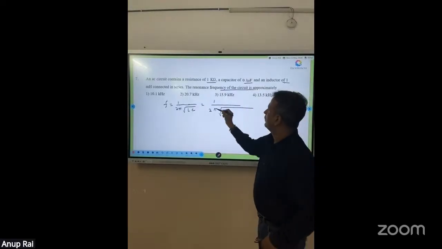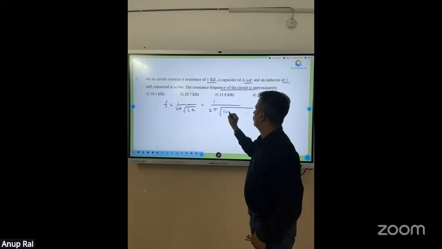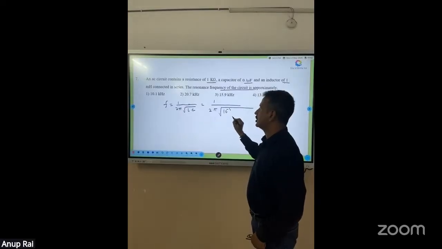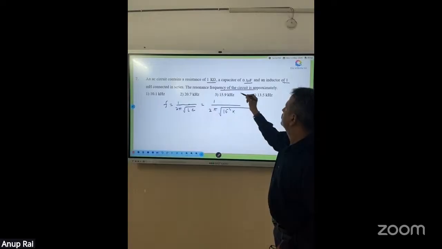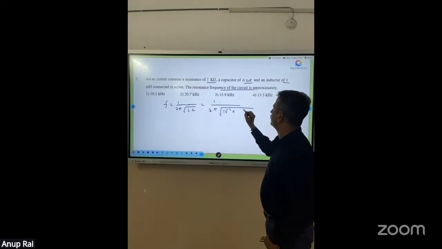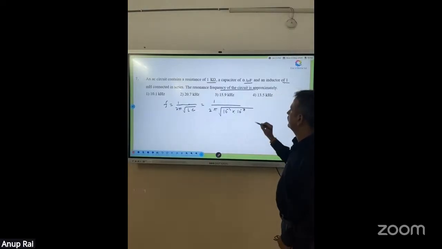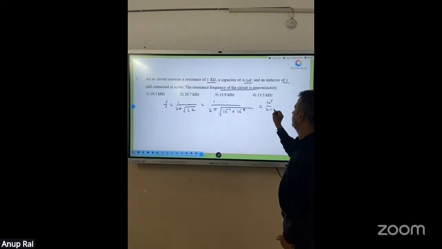L value is given, 1 millihenry. Convert it into SI unit, 10⁻³ henry. C value is 0.1 into 10⁻⁶, which is going to be 10⁻⁷, right? So it's going to be finally square root of 10⁻¹⁰, that is 10⁵ divided by 2 pi.